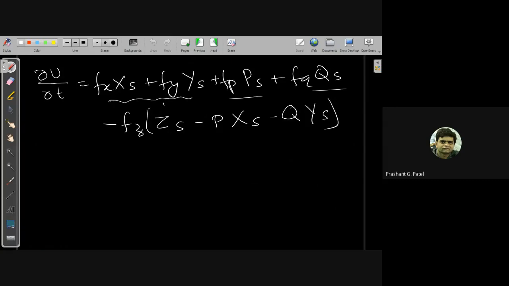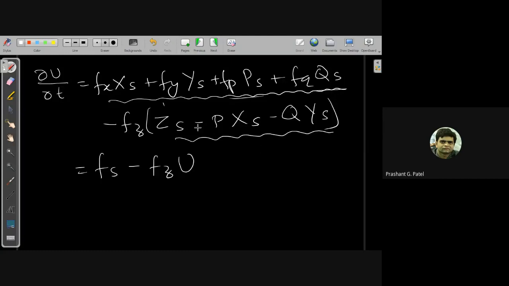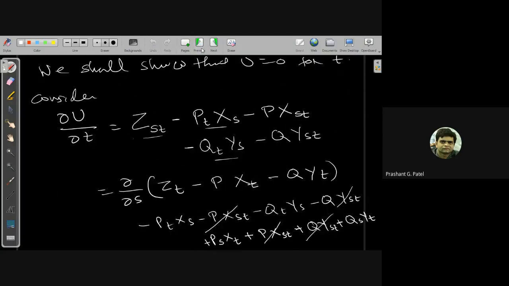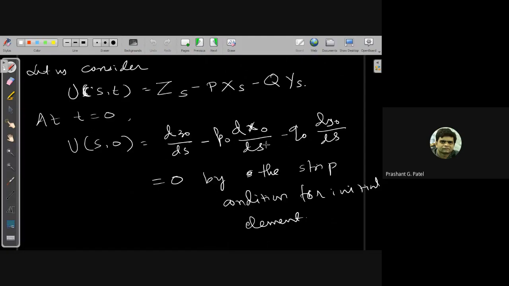Now what will be this quantity? That is Fs minus Fz, and this quantity is U. That we can see, we have defined U as this.